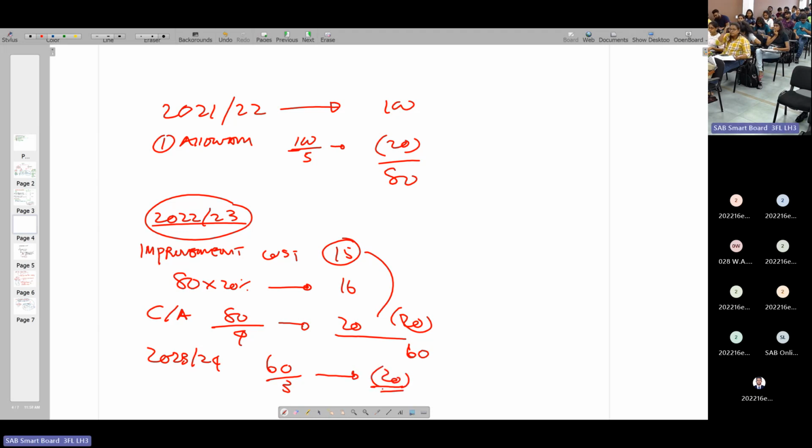Then another 20 million as capital allowance this year. Right? Ideally, that improvement cost should be 23-24. But you can work it out this way, right?